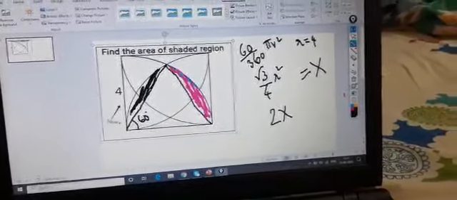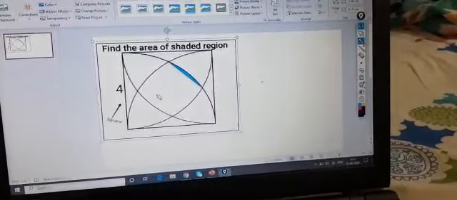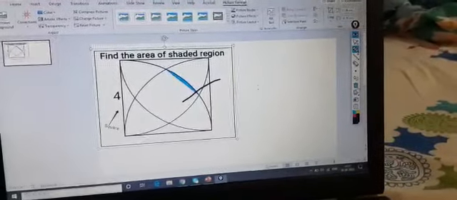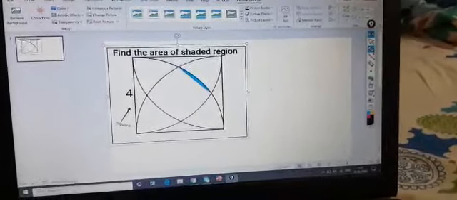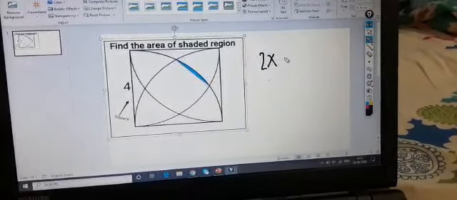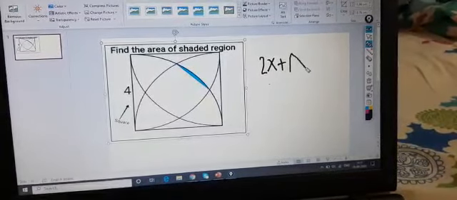So now I'm clearing everything. So what do we have now? I have 2X, the capital X, plus area of equilateral triangle.